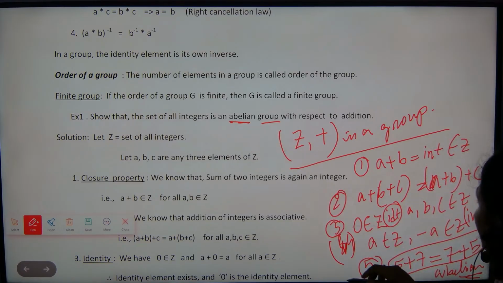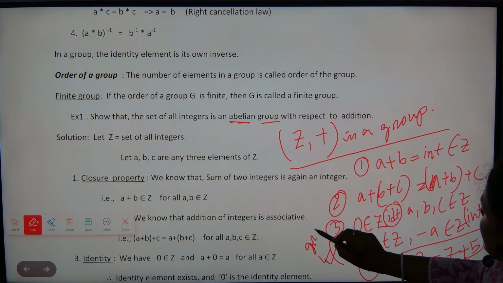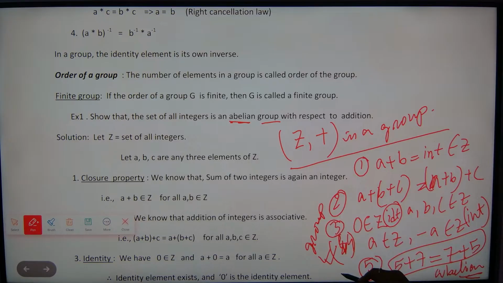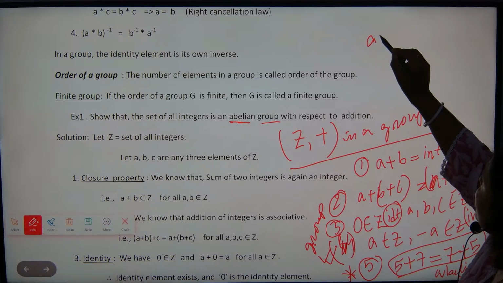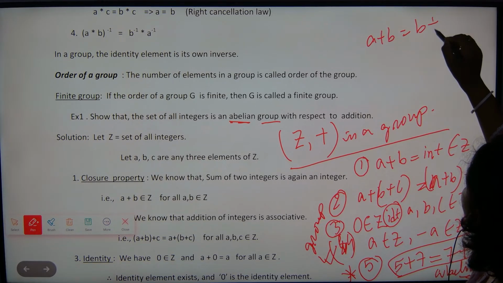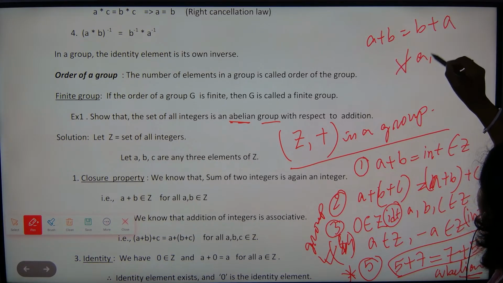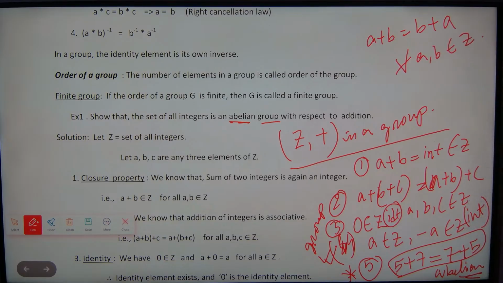Up to this it is a group. Now for this extra rule, that means if you add in this order then you can change the order. Okay, A plus B equals B plus A for all A, B belonging to Z. Okay, therefore Z plus is abelian. Okay, done.